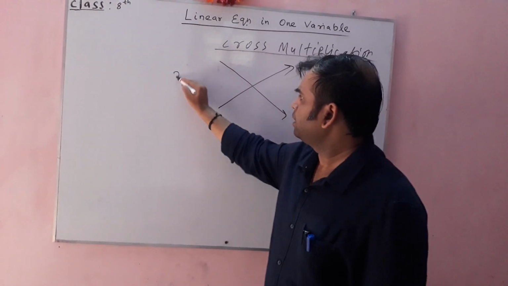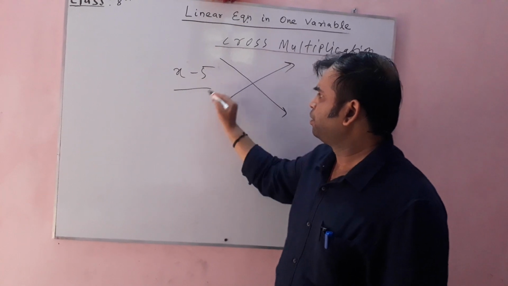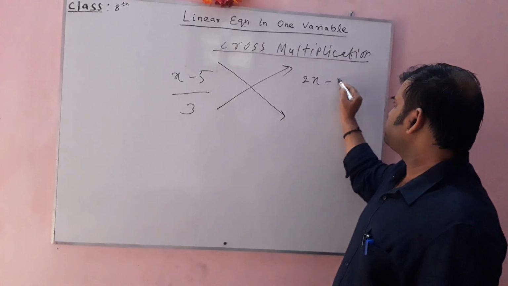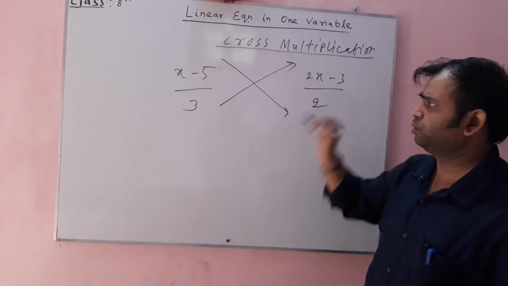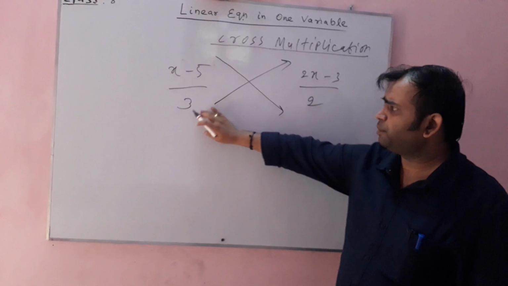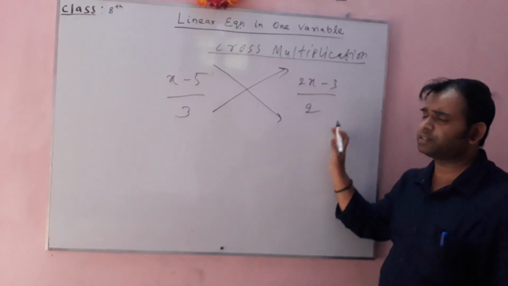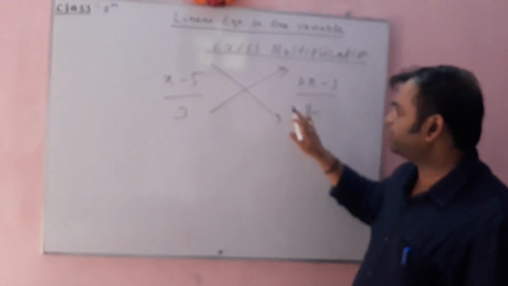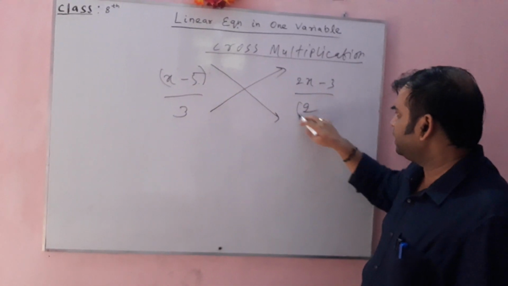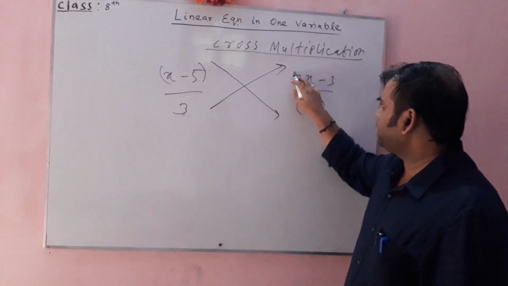See here, (x minus 5) by 3 is equal to (2x minus 3) by 2. Our question is x minus 5 whole divided by 3 is equal to 2x minus 3 whole divided by 2. How do we evaluate it? This is the cross multiplication method. This term will be multiplied here and this term will be multiplied here.